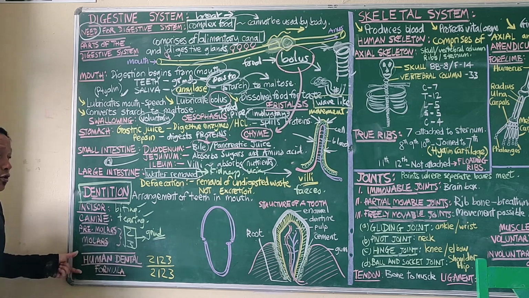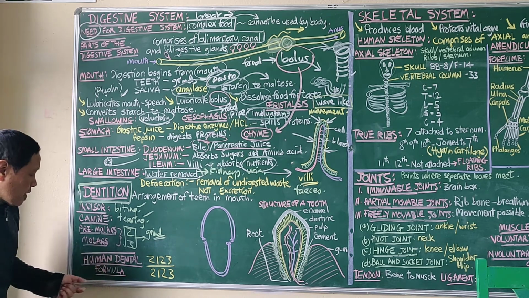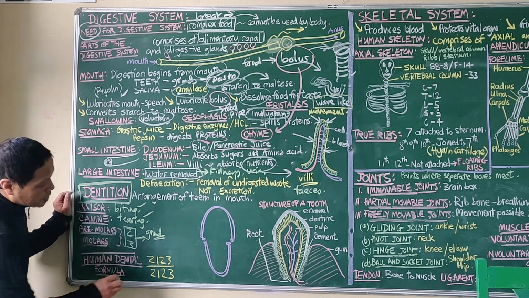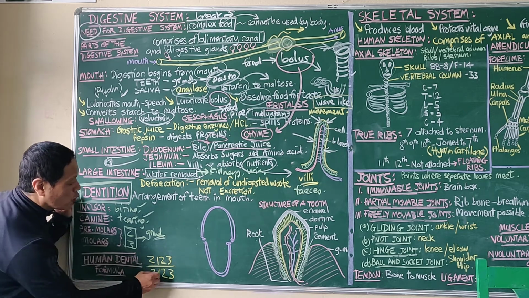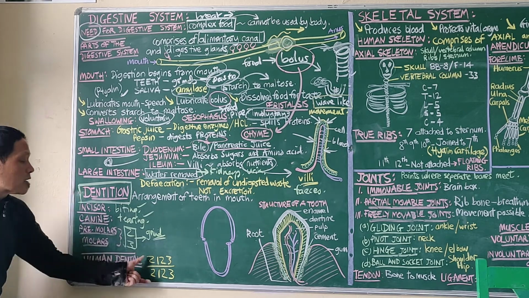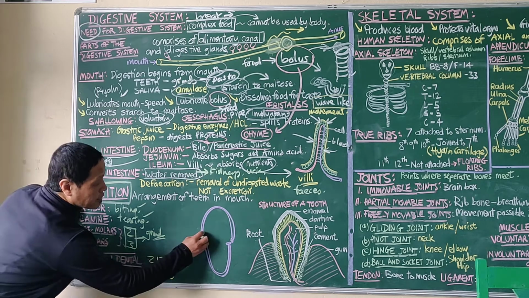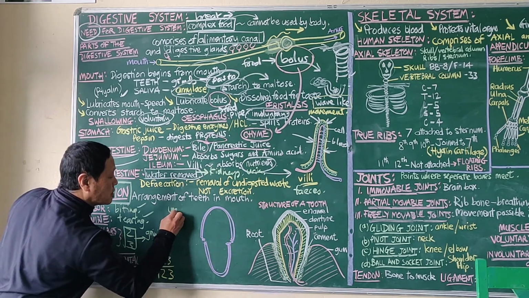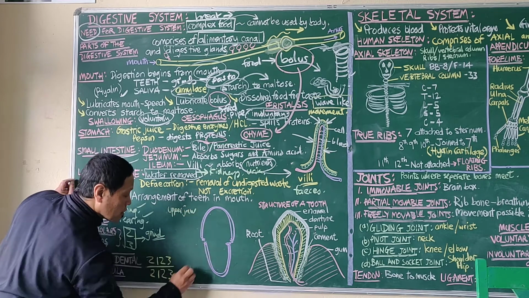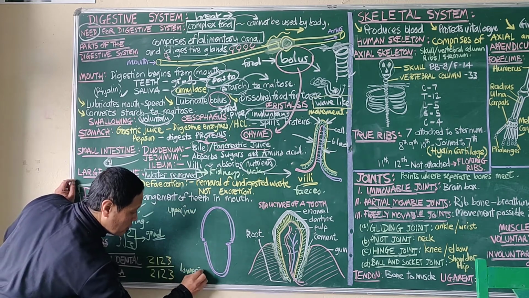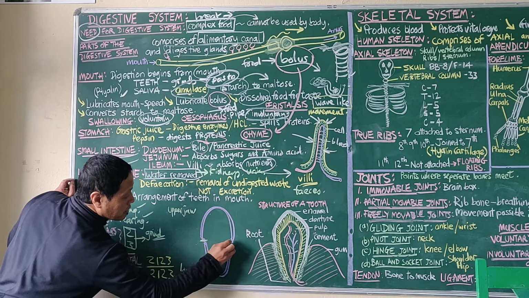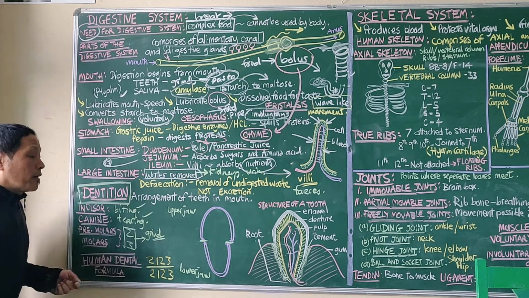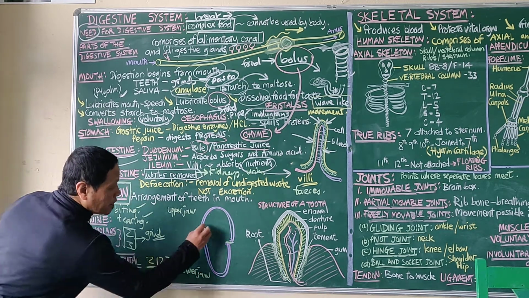And then we have the human dental formula, which is 2123 by 2123. Let me explain this. Here are the 2 jaws. This is the upper jaw. This is the lower one. Okay. So we have teeth here.